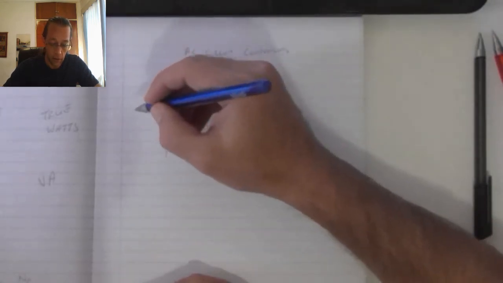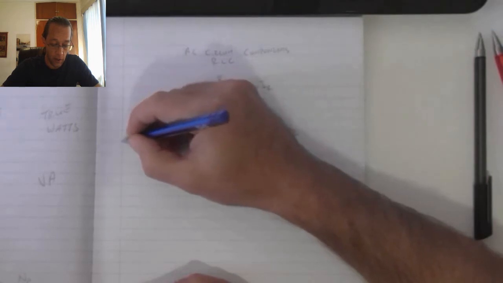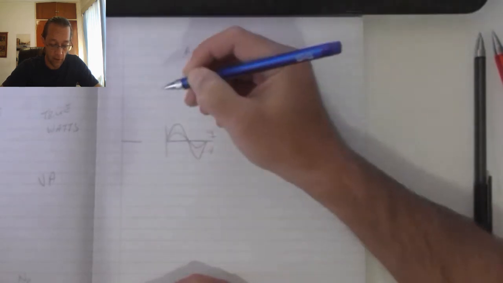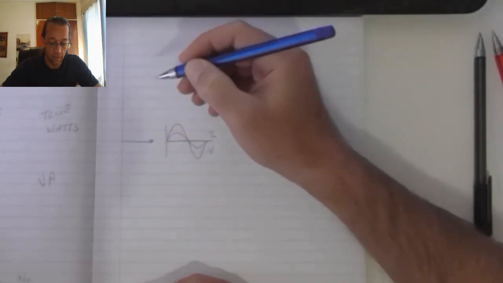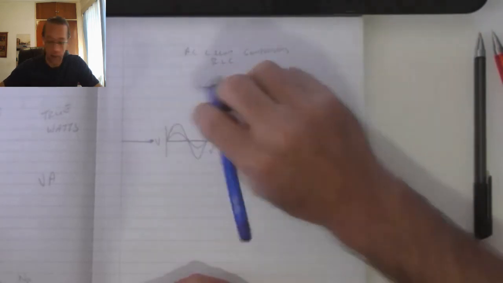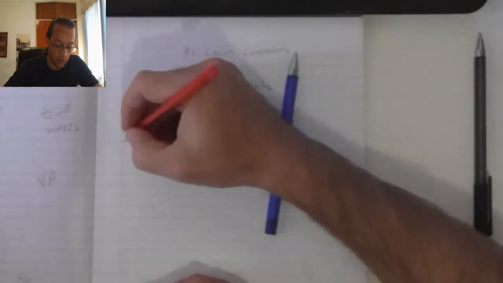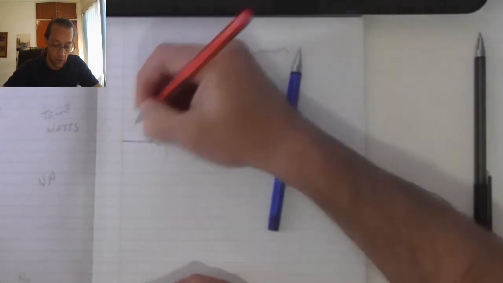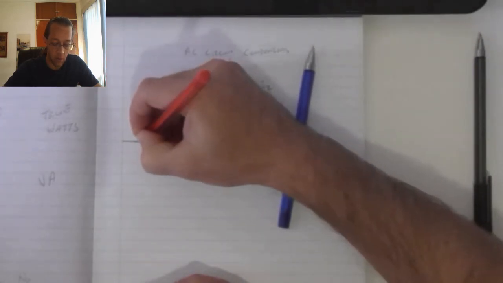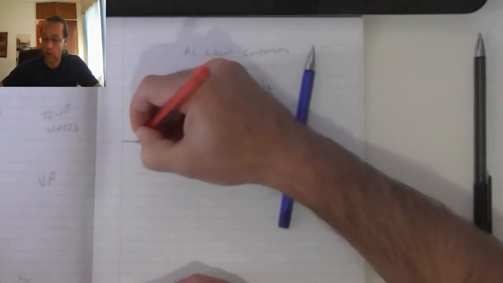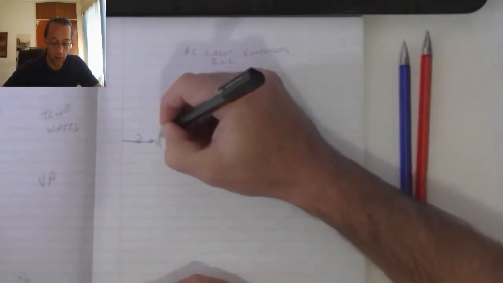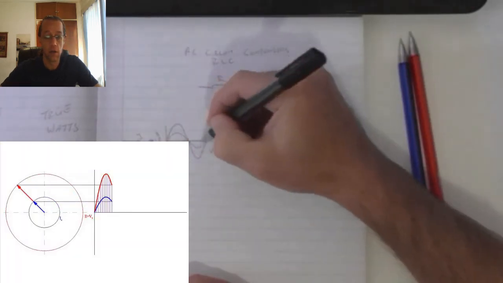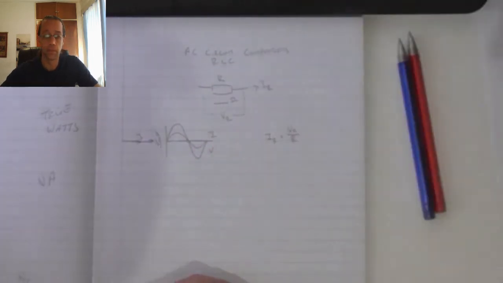As it rotates, we will see that my voltage, which is my big force, and my current, which is my small force, both occur at the same time. So as this rotates, it is going to generate those two sine waves.